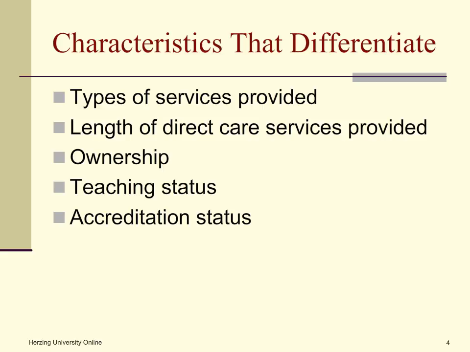Accreditation of the organization is another factor that determines the quality of care. The Joint Commission on Accreditation of Healthcare Organizations is the national organization that develops standards and accredits healthcare organizations. The Joint Commission initially emphasized standards for how hospitals should be structured and set up for accreditation.